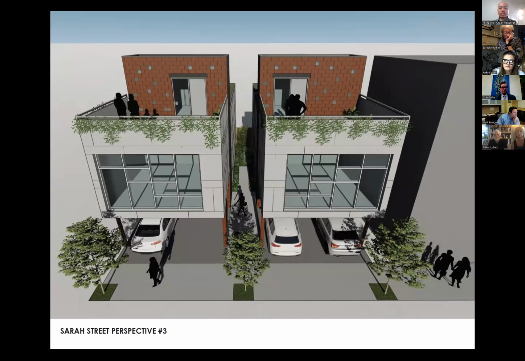So the goal here is to be as contextual as we can, in the sense that we really only have 2 floors of construction above the ground and 1 in the ground.